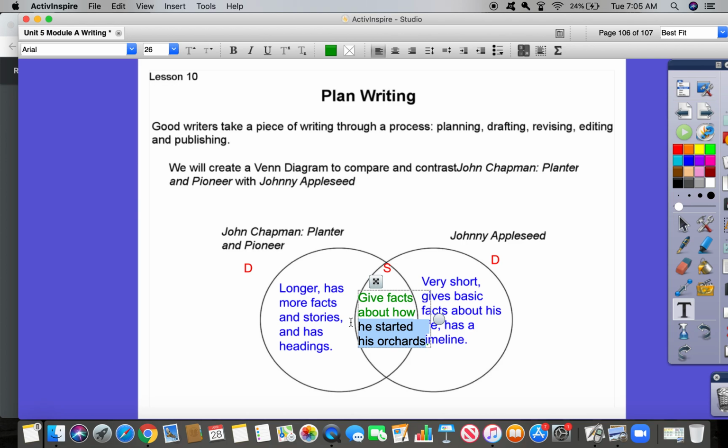Okay, make this a little bit smaller so it fits. Okay, if you want to recreate this at home, you may. If you don't have a piece of paper, then you can always pause the video and use this Venn diagram that I just did for you.